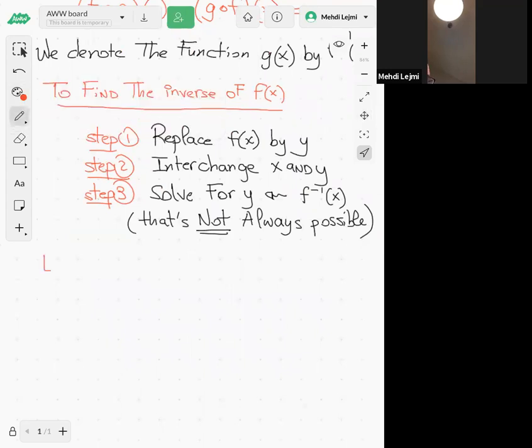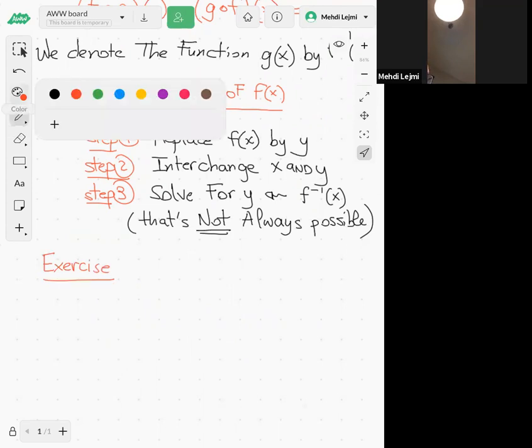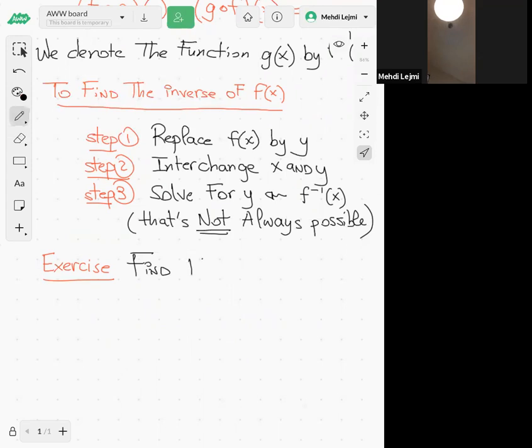So the exercise: we had to find the inverse function of f of x equal to 5 minus x over 1 plus x, if I'm not mistaken, right?